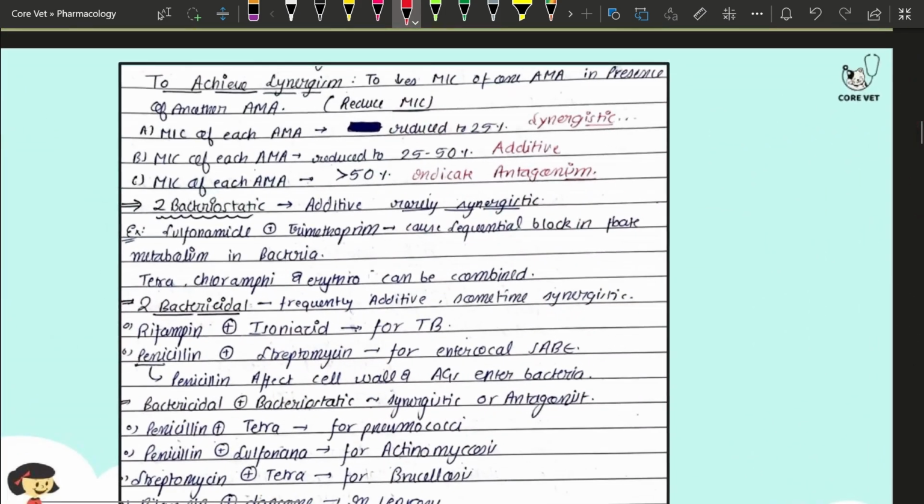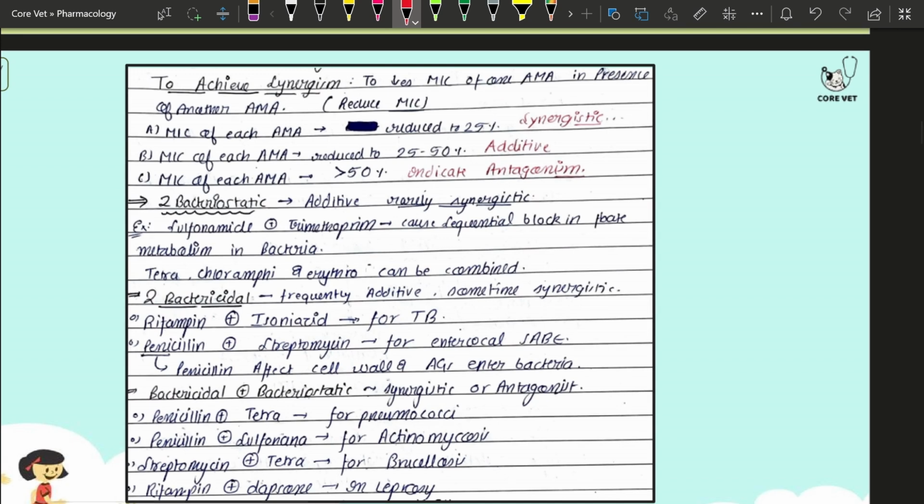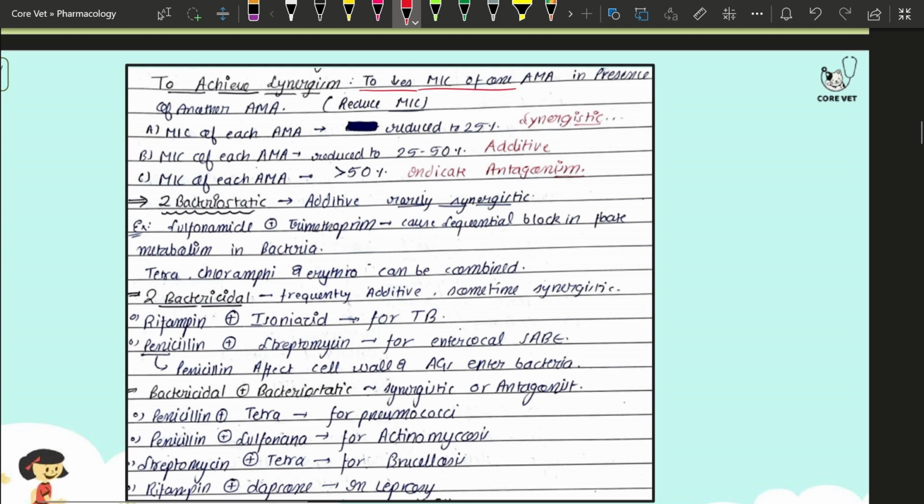So to achieve synergism, the MIC of one AMA is decreased in the presence of another AMA. That's similar to what I told you: earlier the sulfonamide was used at the rate of 10 microgram, but when I use the combination of the sulfonamide and the trimethoprim, the sulfonamide is used at 5 microgram and the trimethoprim at 5 microgram.